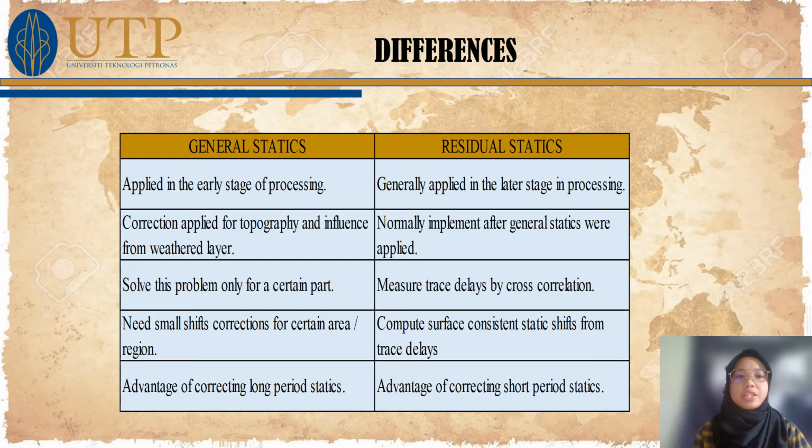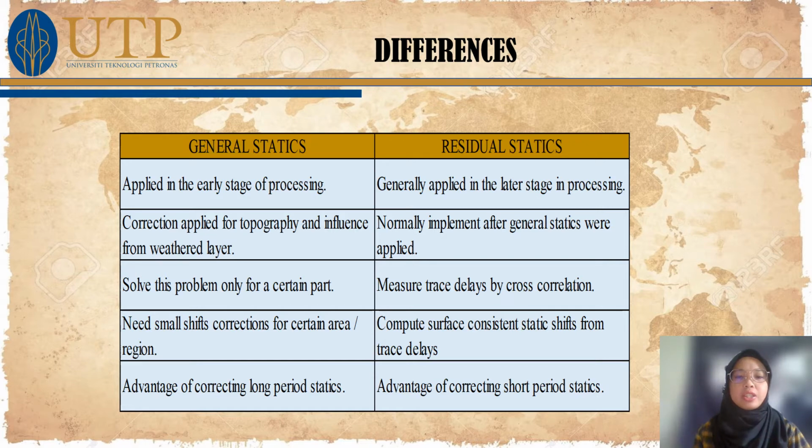So, the differences between the general statics and residual statics are: general statics is applied in the early stage of processing. Meanwhile, residual statics is generally applied in the later stage of processing. Secondly, general statics is the correction applied for topography and influence from weathered layer.